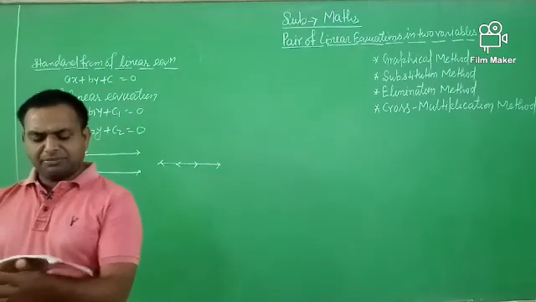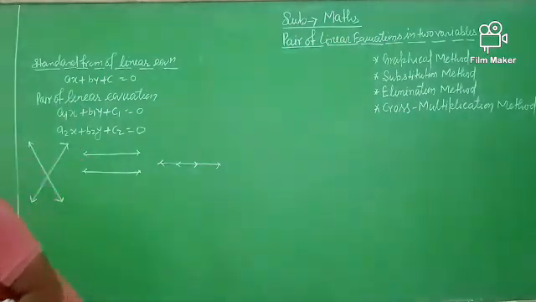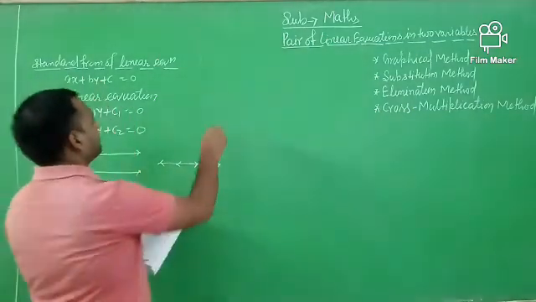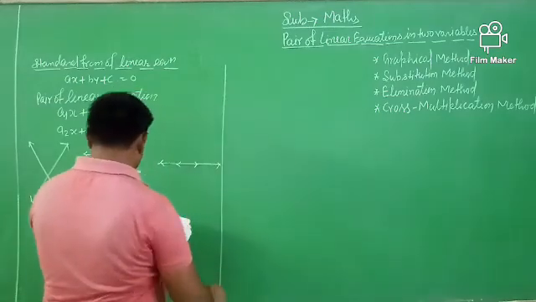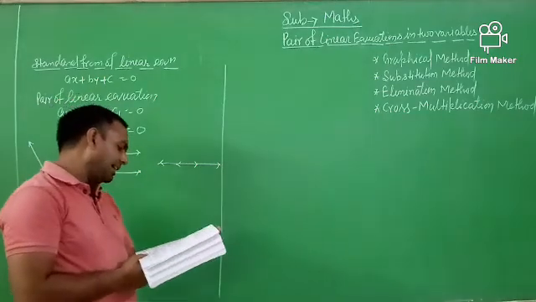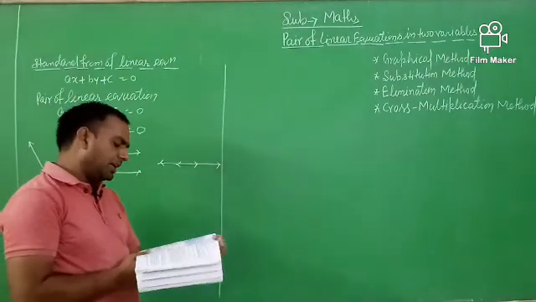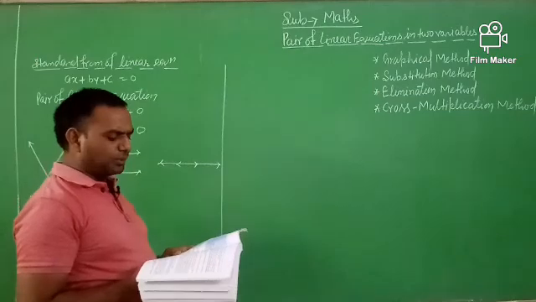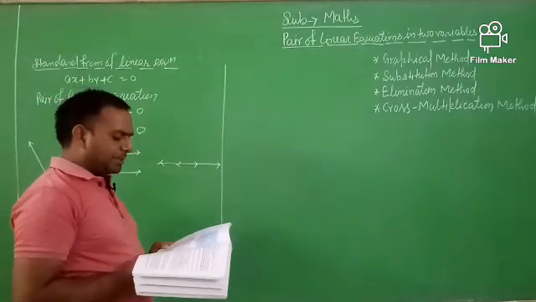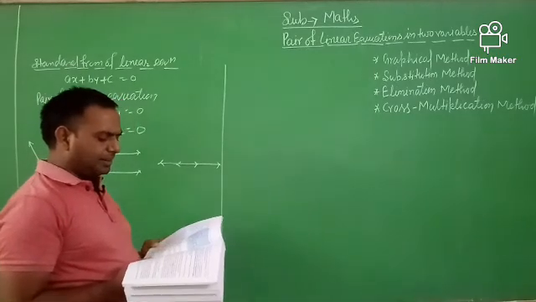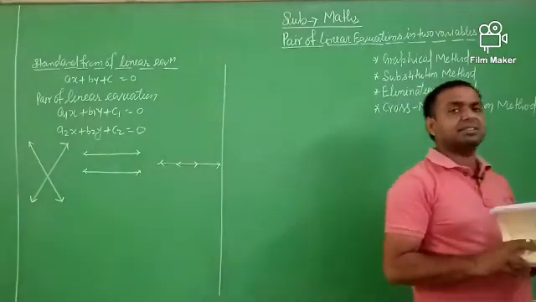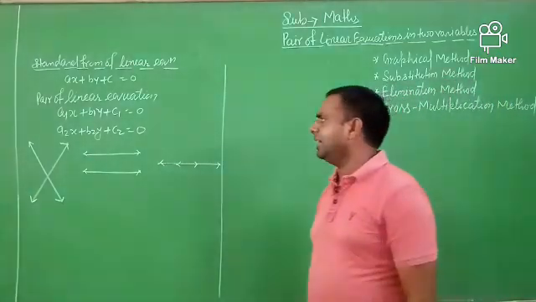Aftab tells his daughter, 7 years ago I was 7 times as old as you were then. Also, 3 years from now I shall be 3 times as old as you will be. Isn't this interesting? Represent these situations algebraically and graphically. First we write this down algebraically.